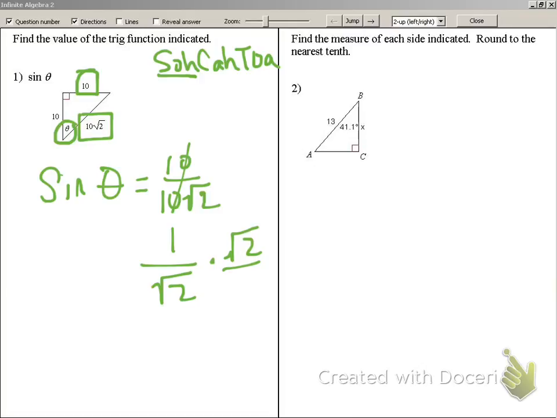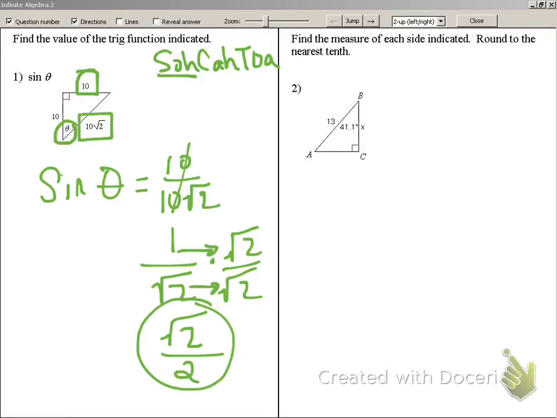That means multiply both the top and the bottom. So that gives me radical 2 when I multiply straight across over radical 2 times radical 2 is radical 4, which is just 2. So therefore, there's my answer. Sine of theta equals radical 2 over 2.